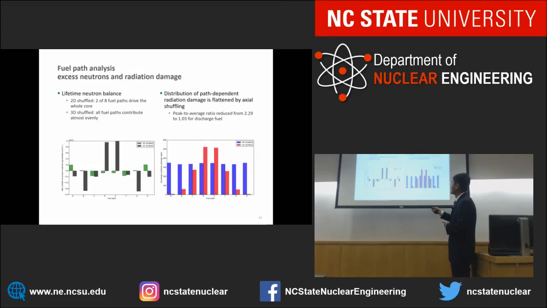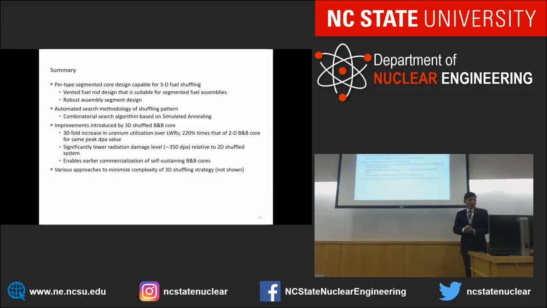Another way to look at this is lifetime neutron balance. For the 2D, the gray ones are really high at the center, but for the 3D case, it's much more evenly distributed. Radiation damage level, same thing. Okay, so that's the first part of this talk.